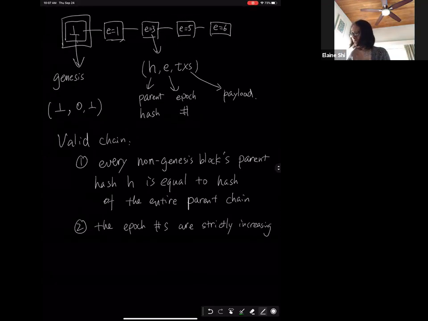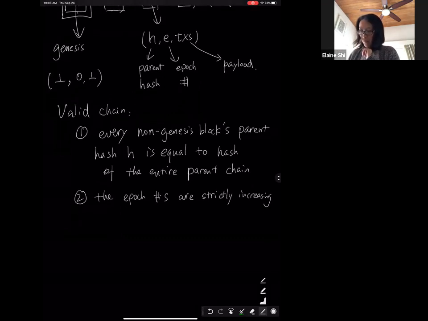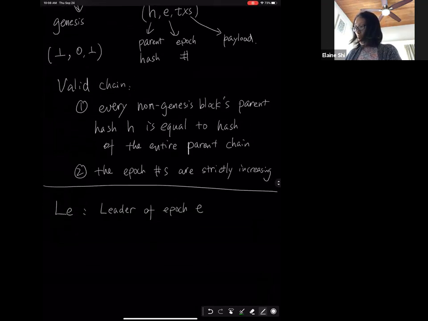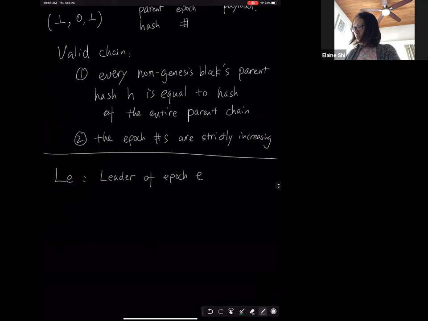Okay, so that's just a little bit of setup. This is the format of the blockchain. The protocol proceeds in epochs, and every epoch will have a leader. Let me denote LE as the leader of epoch E. For simplicity, we are going to consider a very simple leader election policy.